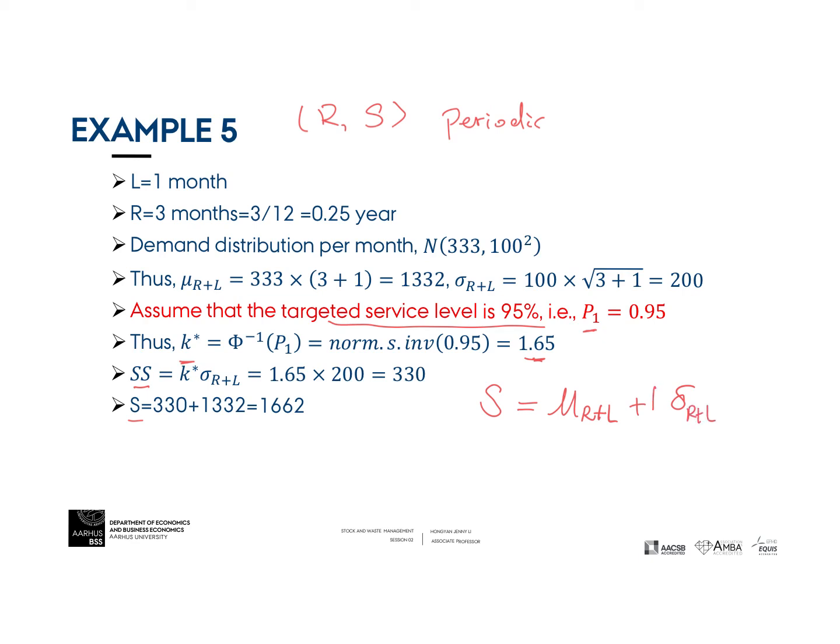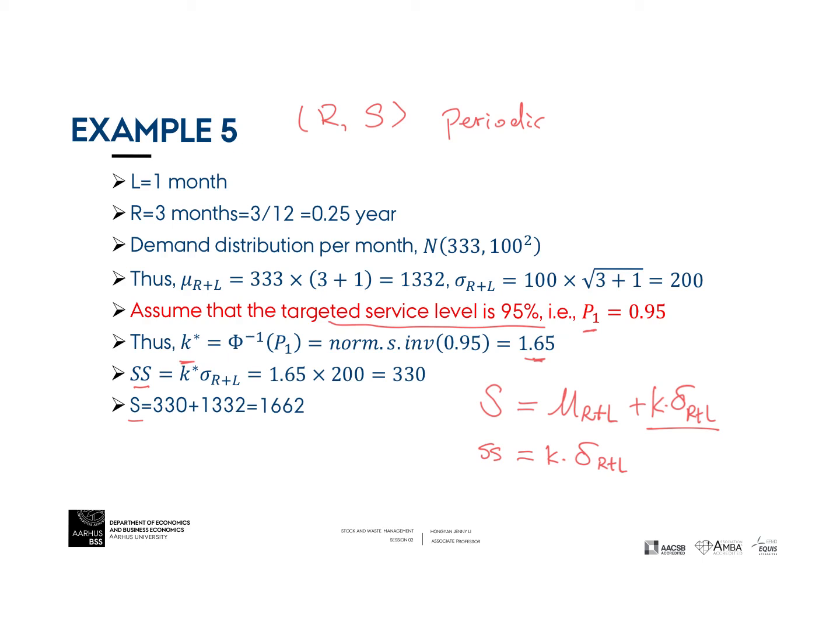So this k value determines how much security you would like to have regarding your stock out. That's also why we can directly translate your safety stock as k times sigma R plus L. So again, once you find k, then you find all the other order quantities.